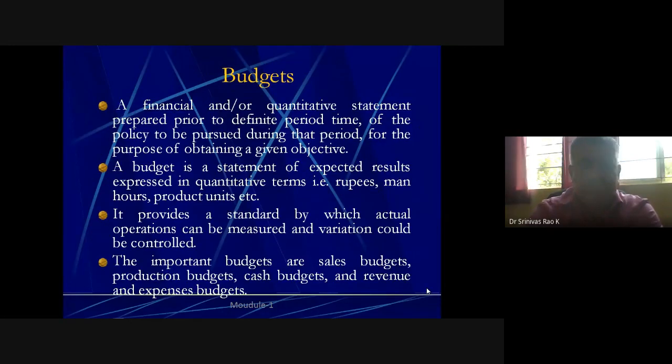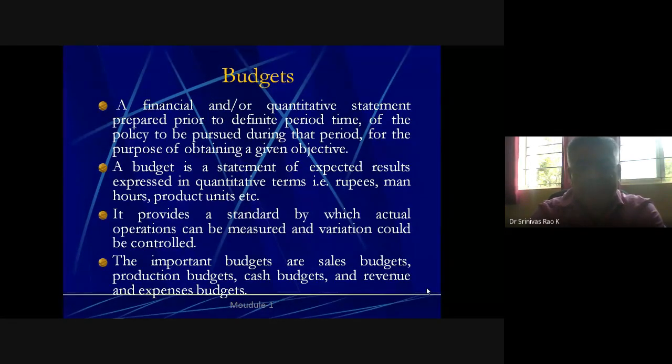Now there is something called budgets. What do you mean by budget? A budget is a financial or quantitative statement prepared prior to a definite period of time, of the policy to be pursued during that period for the purpose of obtaining a given objective. Now, a budget is a statement of expected results expressed in quantitative terms: rupees, man hours, product units.